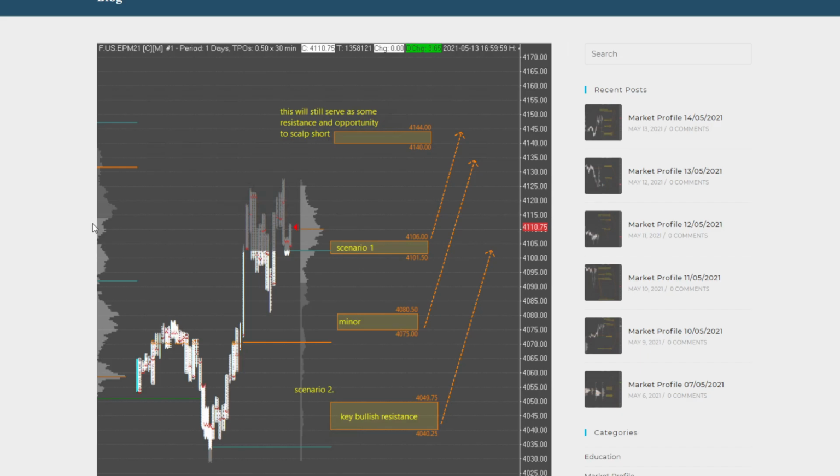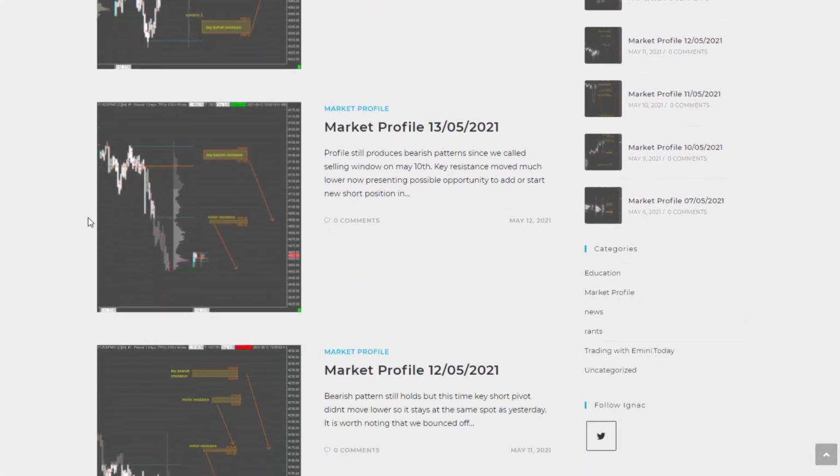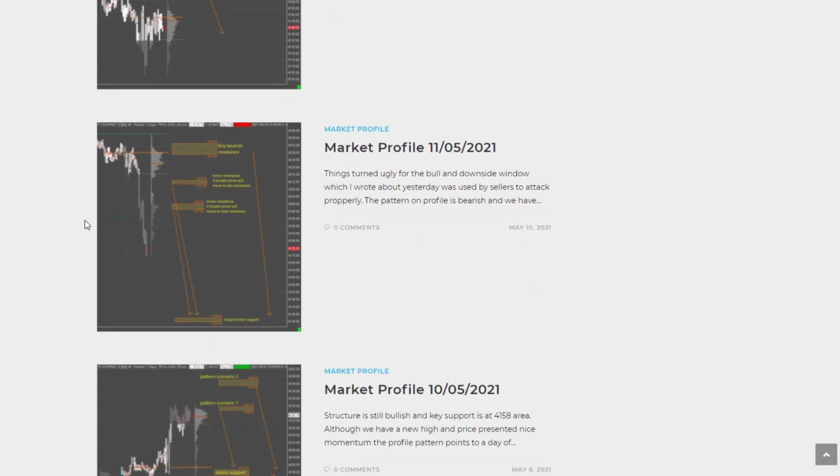Nothing really complicated about it, and I encourage you to go through these predictions or analyses, and try to reverse engineer it. The patterns are pretty obvious. There's really not much magic inside of it.